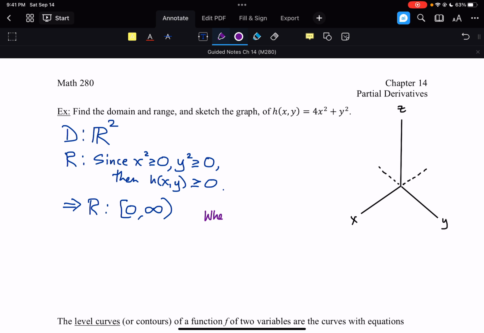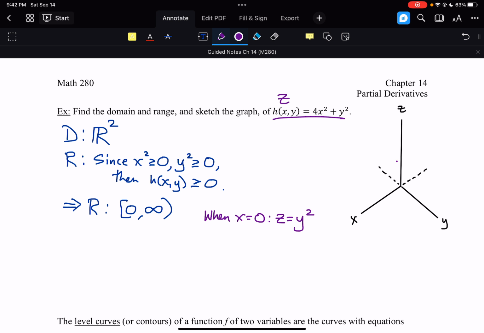So let's take a look. First, we'll look when x equals 0 in this formula, and we'll relabel h as z. So we're going to get z equals y squared. This is a parabolic function, right? This is a parabola, but instead of y equals x squared, it's z equals y squared. So y is the input and z is the output.